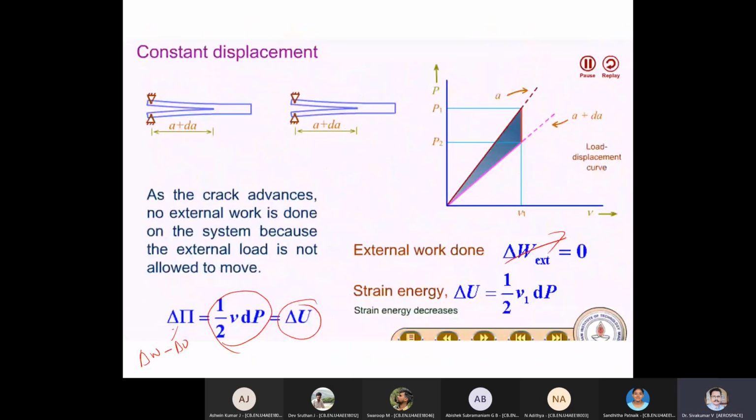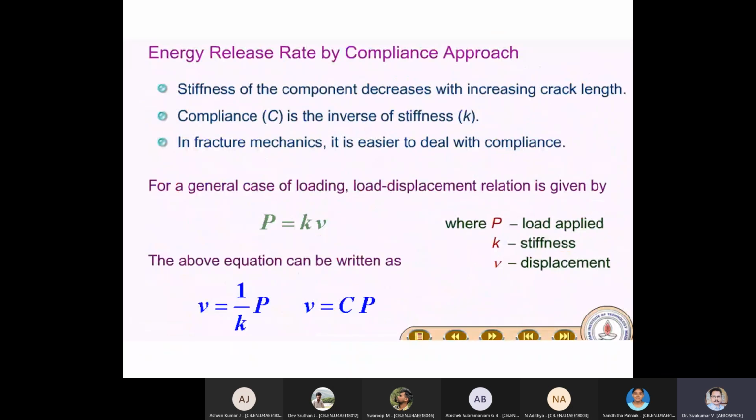Then we have another approach to get the same energy release rate. That is called the compliance approach. You know that, no? F is equal to K into D. 1 by K is the compliance.